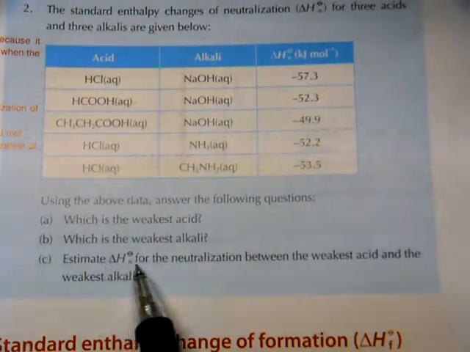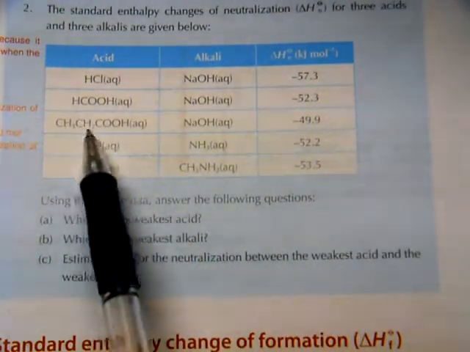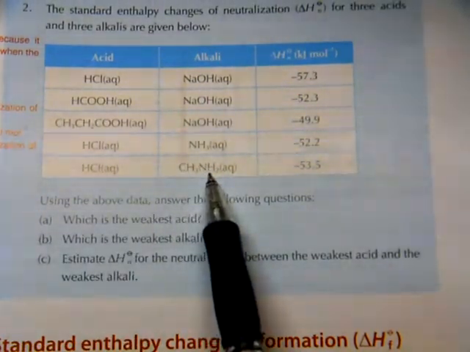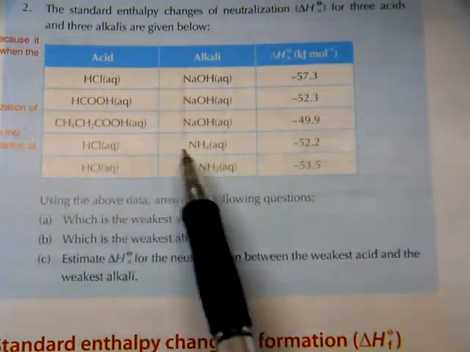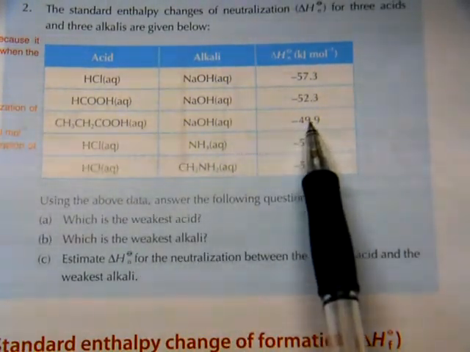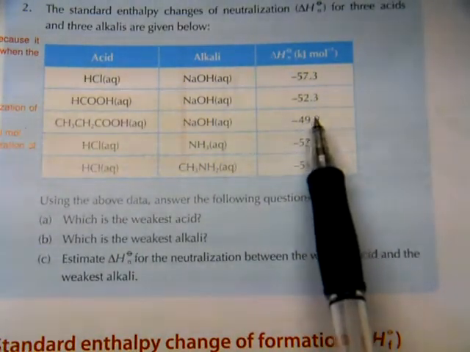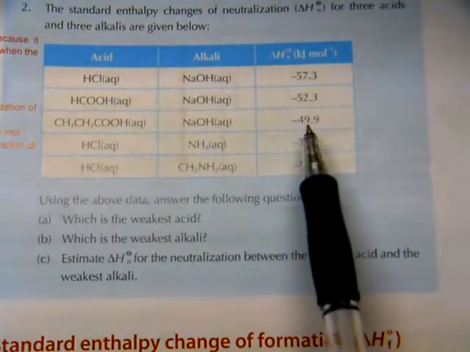Estimate the delta H for neutralization between the weakest acid and the weakest alkali. It must be smaller than 49.9, with the smallest magnitude.